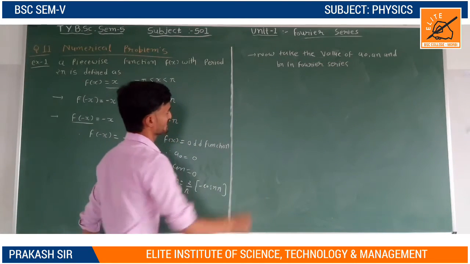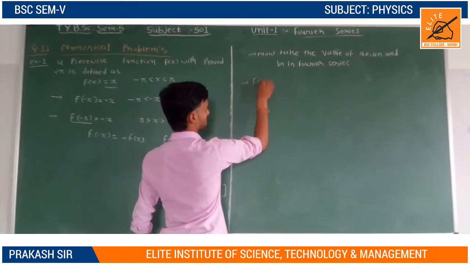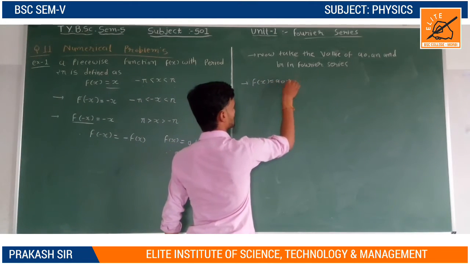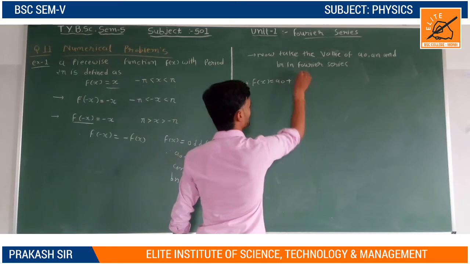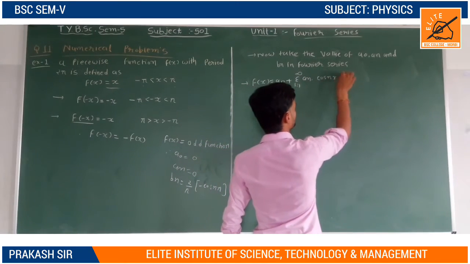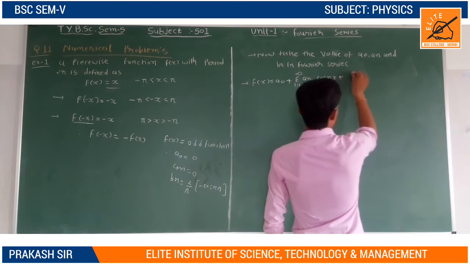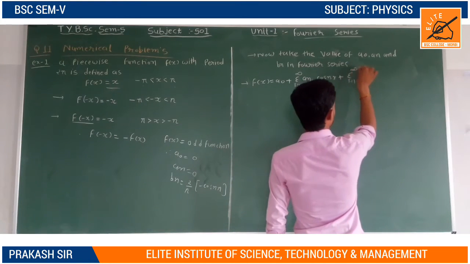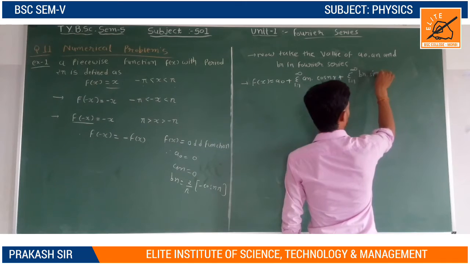So the Fourier series is f of x equal to a0 plus summation from 1 to infinity of an into cos nx plus summation from 1 to infinity of bn into sin nx.